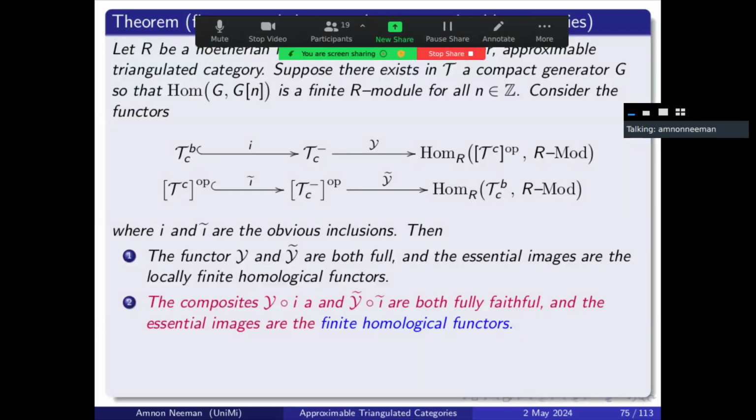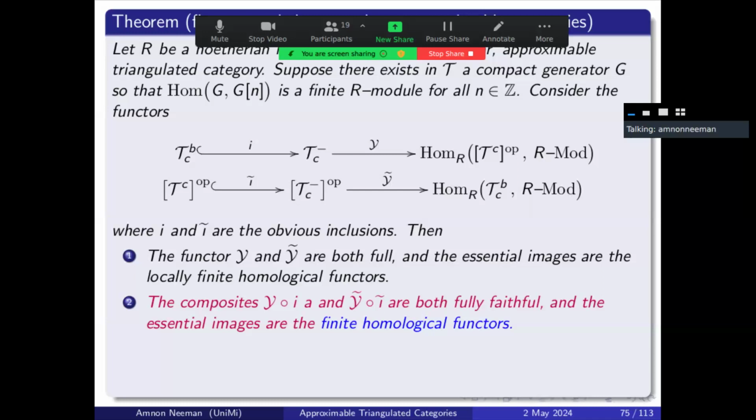It tells you that in this gorgeous generality, in the world of approximable triangulated categories, with some finiteness hypothesis on the Hom sets, so for a compact generator G, you want the Hom sets to be finite R-modules.